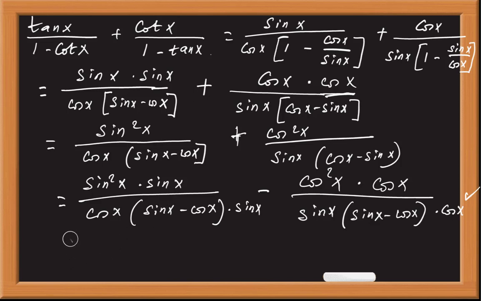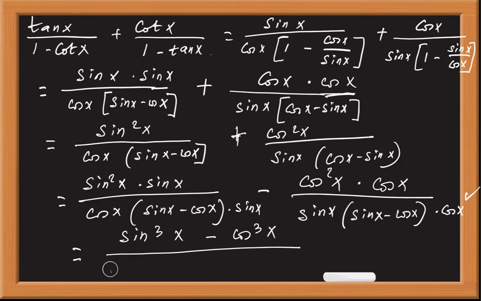I introduce the negative sign to compensate to have the same common denominator. So we get sine cubed x minus cosine cubed x over sine x cosine x multiplying sine x minus cosine x. This is what we get now.